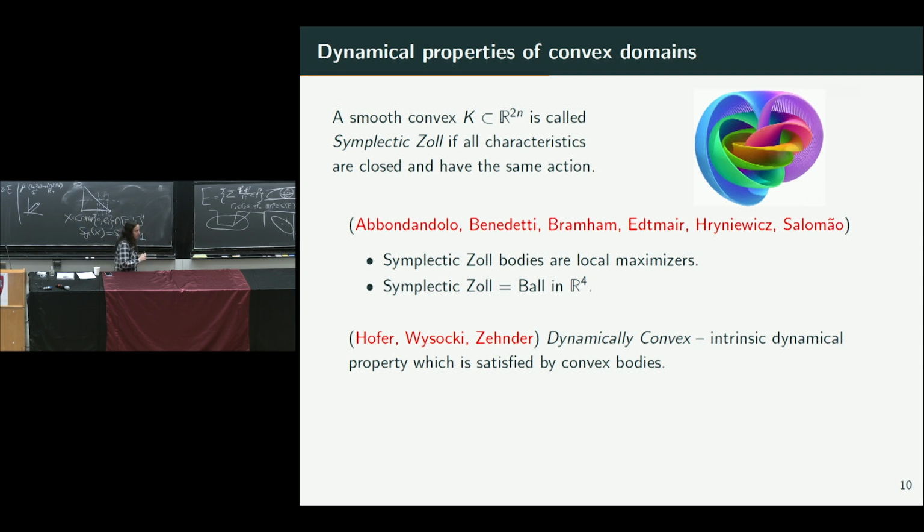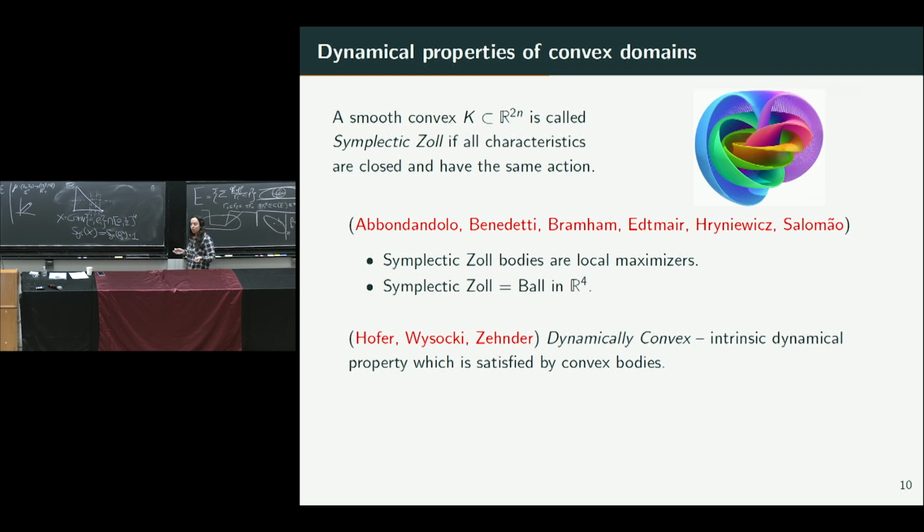That was known. And it was thought or hoped that perhaps this property, being dynamically convex, is enough to guarantee that the domains satisfy the special properties that convex domains satisfy. Or an even more far-reaching hope would be that every dynamically convex domain should have a symplectic image which is convex. So maybe it's exactly equivalent.